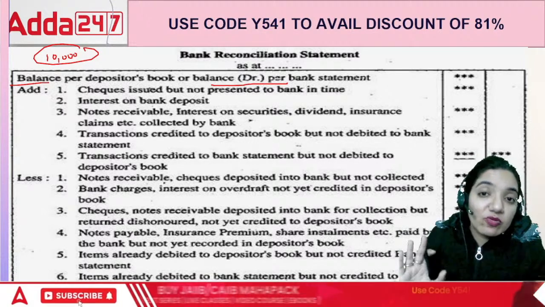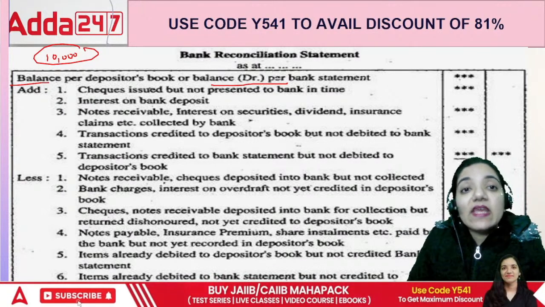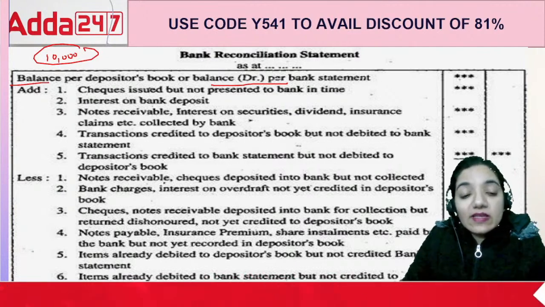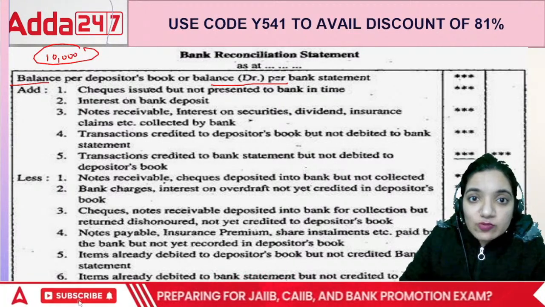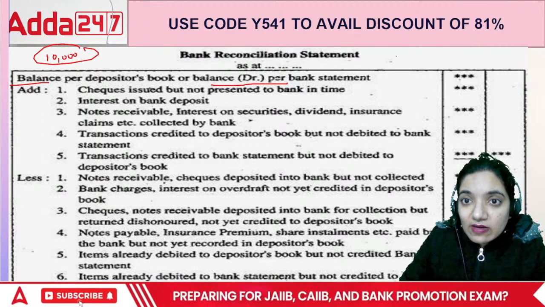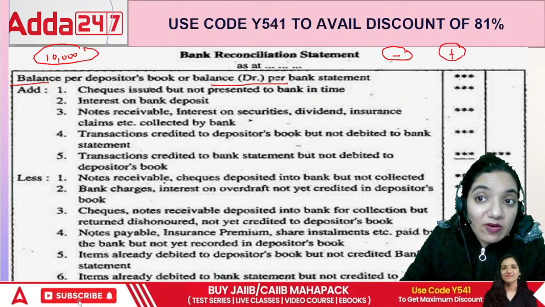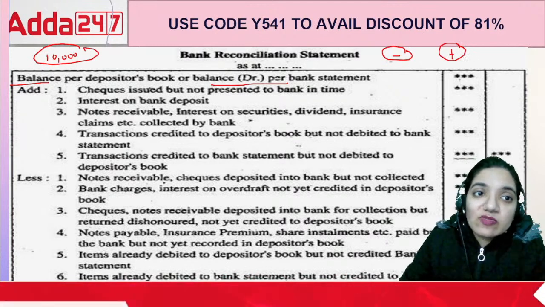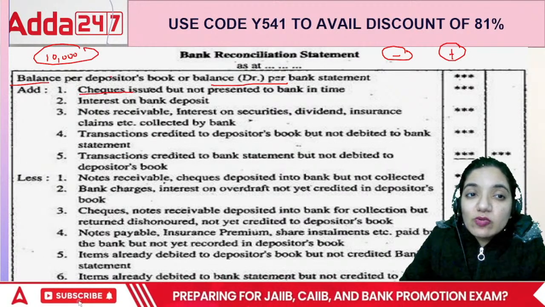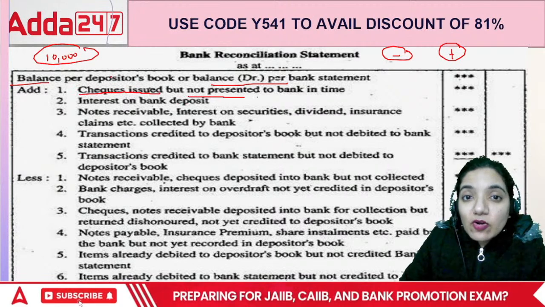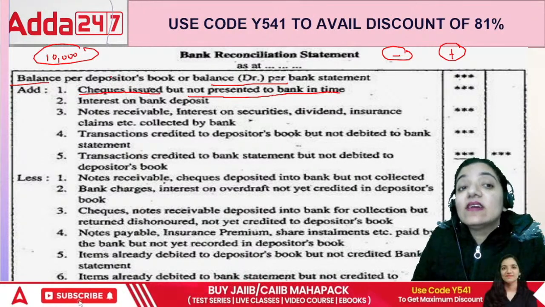So whatever the passbook is doing, cash book will do the same. In this case, cash book thought it has lost money. The cash book simply thought that it has lost that amount, but the passbook said, no, I haven't lost that amount. So basically, whatever the passbook is doing, cash book will do the same. Check issued but not presented to the bank in time.